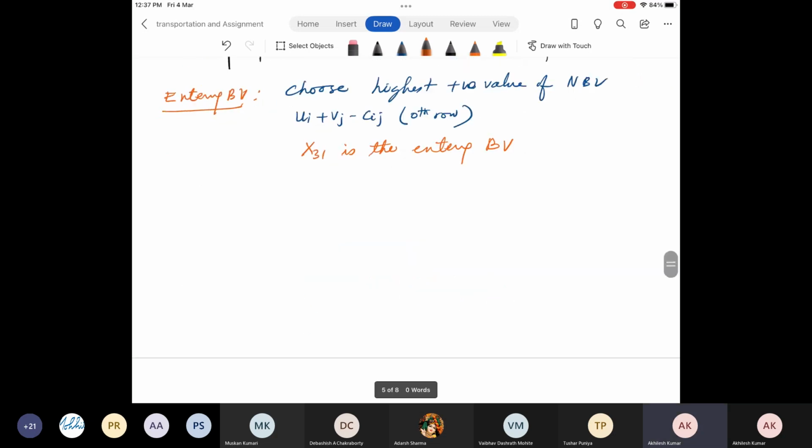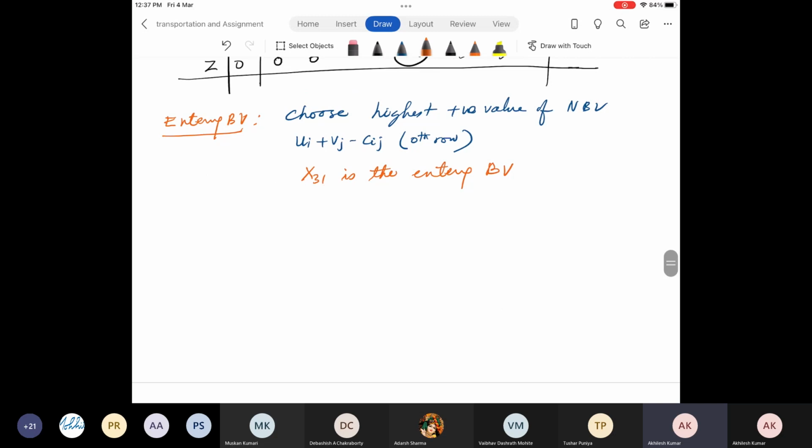Now, to solve it, we construct a loop. Very interesting concept actually, how a spatial structure has been exploited to make an algorithm.